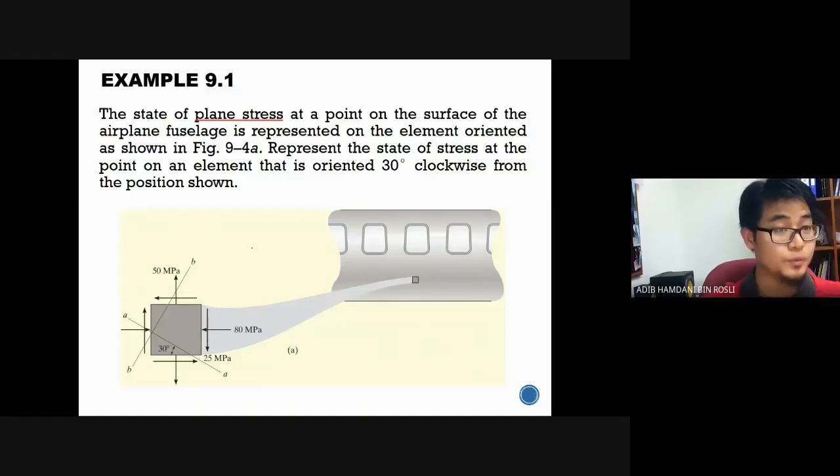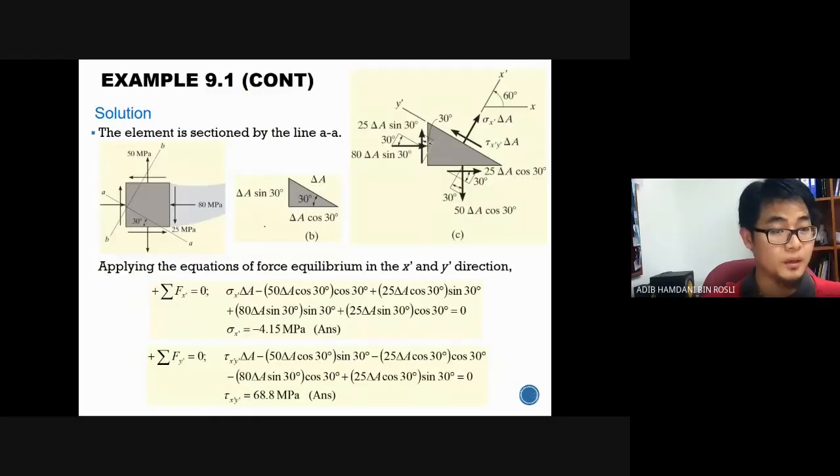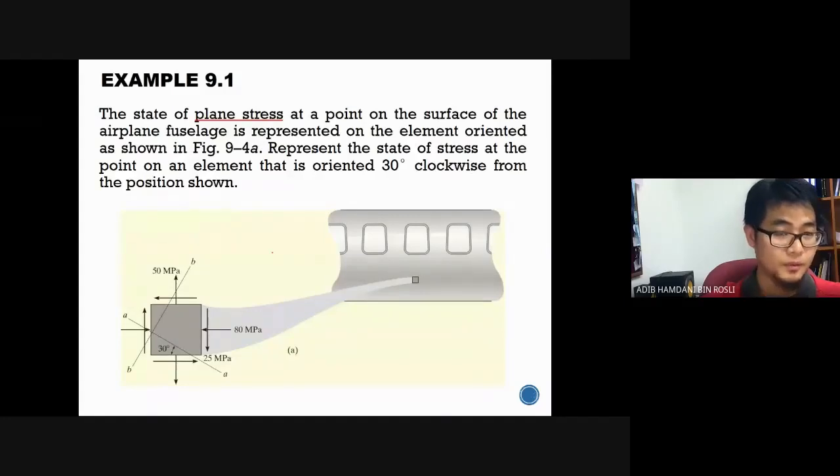If you use the first method, you cut, because the question asks you to represent the state of stress of the same element oriented 30 degrees clockwise.